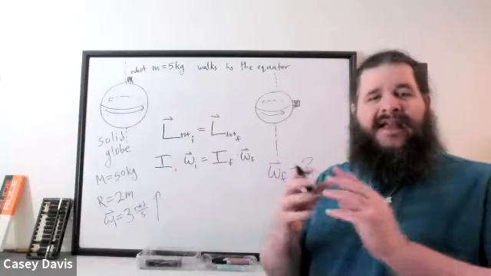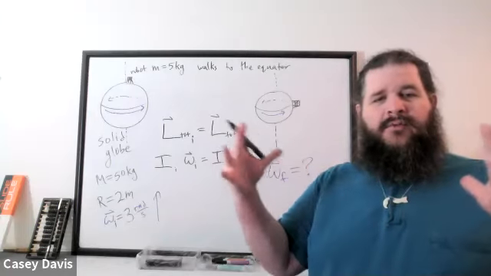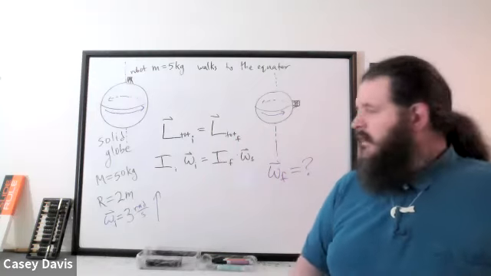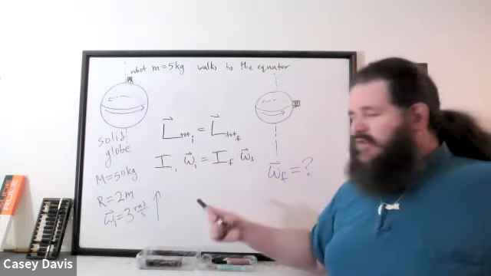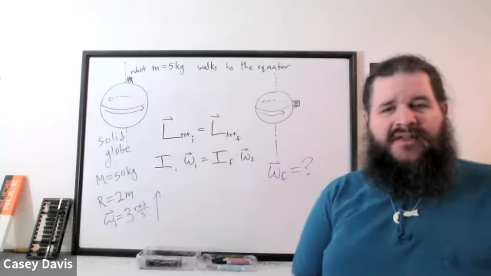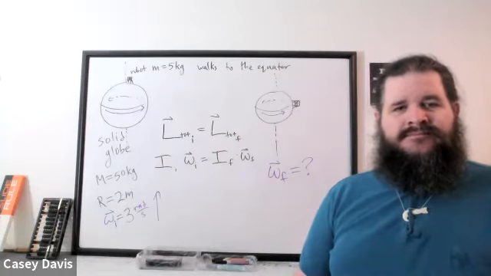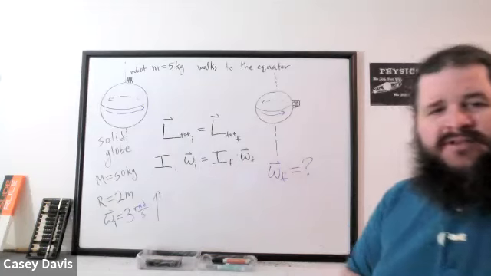Yeah, moment of inertia depends on mass and how far you are from the axle, the pivot point. If you move some of the mass further from the axle, you're increasing the moment of inertia. So if the moment of inertia has increased, what else has to happen to balance that out? The angular velocity has to decrease. Right, angular velocity has to decrease so that the total angular momentum is conserved.